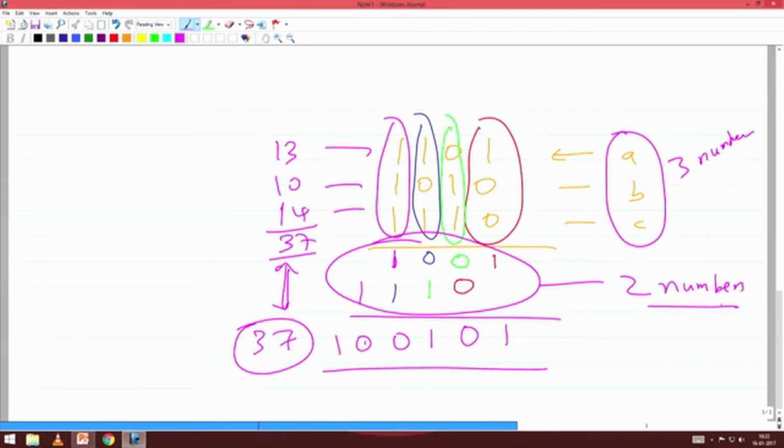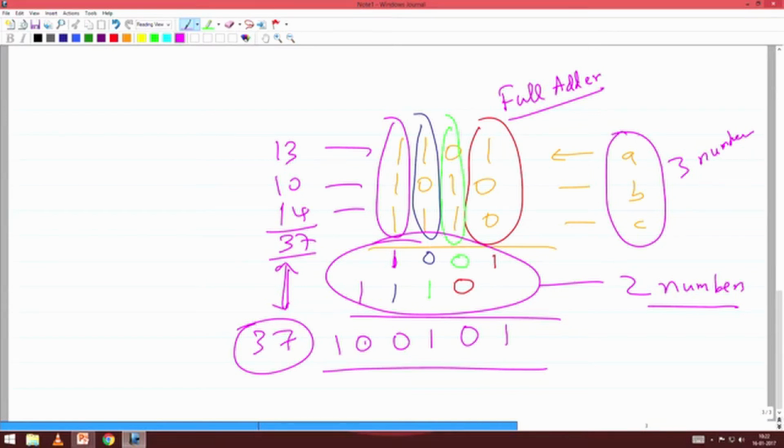And how much time does it require for me? 1 unit of time, because I use a full adder circuit for this. Correct? So I use 4 full adders in parallel concurrently and immediately generate two numbers from 3 numbers.